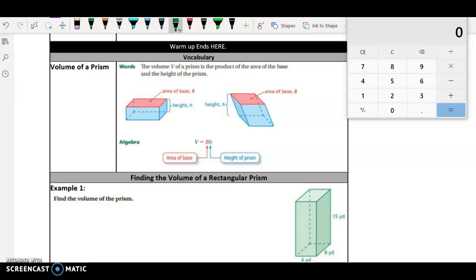So we have the volume of a prism is the product of the area of the base and the height of the prism. So remember, product means that we are multiplying. And so our formula is our volume equals the area of the base times the height.